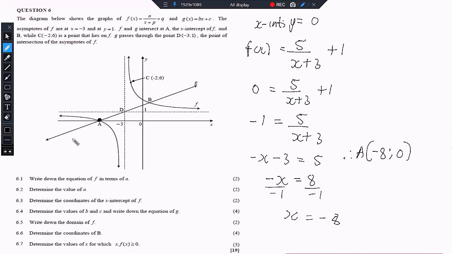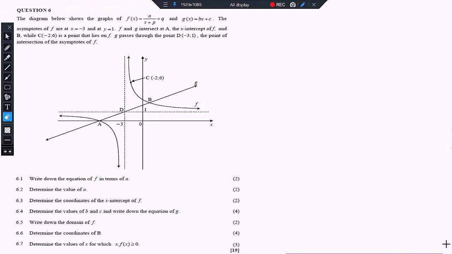So we are being told that this line here, ADB, or this line including the points ADB, is actually the line G, right? So how can we determine the equation there? Now, note that we are given the coordinates of D because we are being told, looking at this one, the coordinates of D are (-3, 1). And then we just recently calculated the coordinates of A, which were (-8, 0).